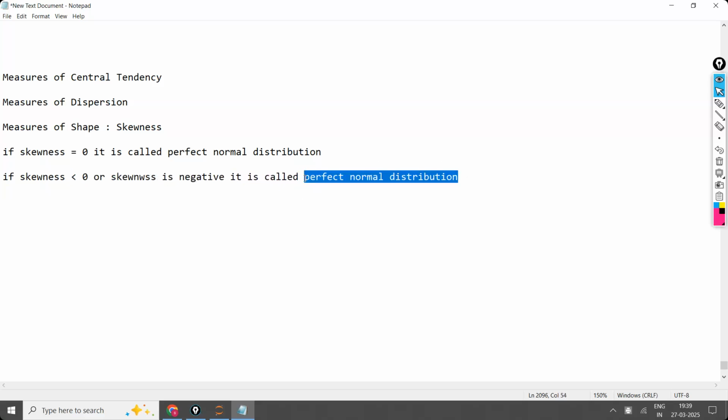Left skewed means on the left side you have fewer values. It is a left skewed distribution.